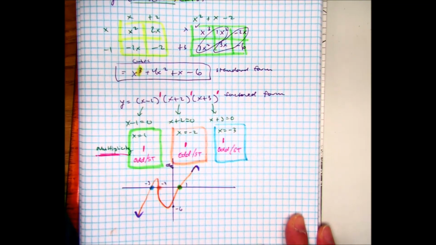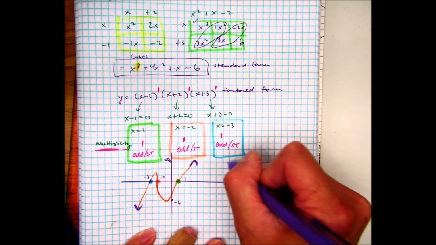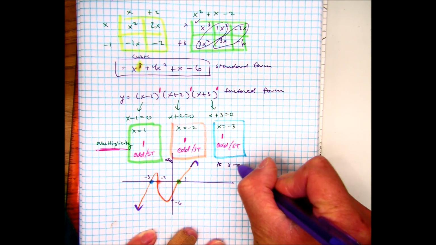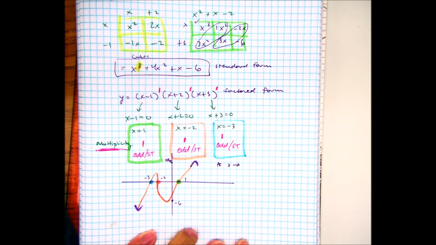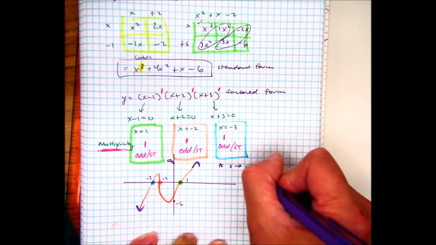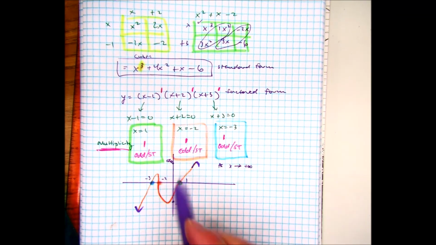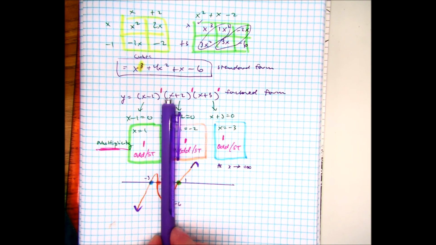And let's just apply end behavior because we did this yesterday. As x, what word do we use for the arrow? Approaches positive infinity. So basically we're going both left and right. If I go in that direction, what's happening to my graph?